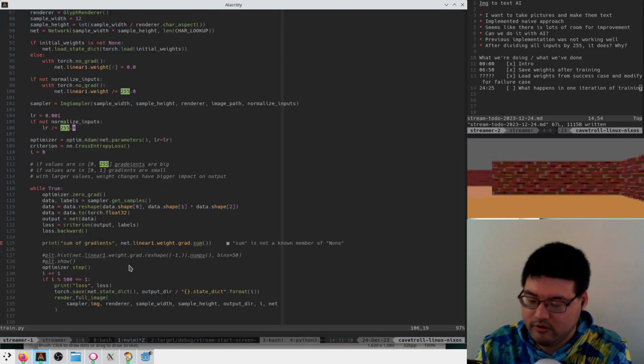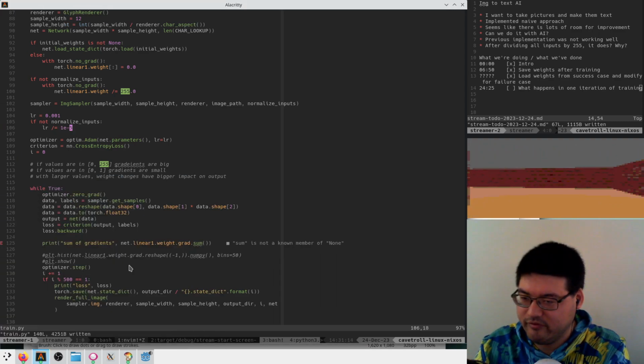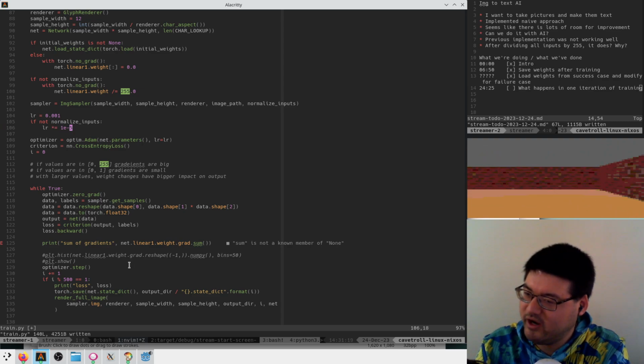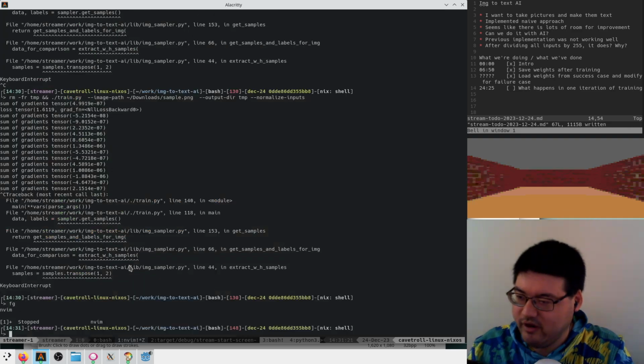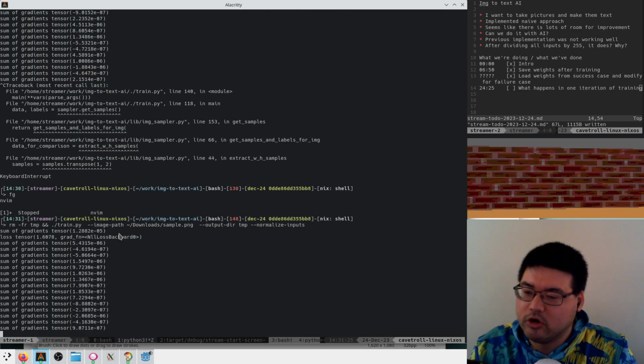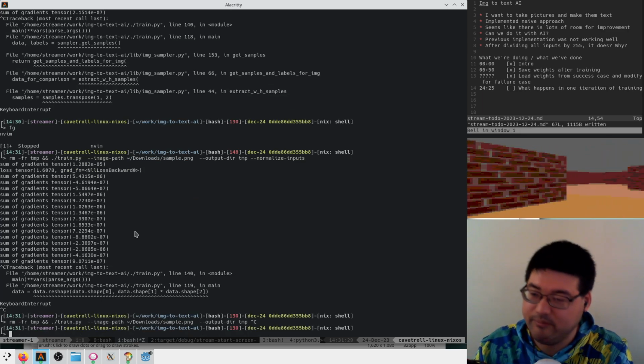We want 1e negative 5, right? 2 zeros to 8, that's 5, 6, 5. Let's try 5. Assuming that the learning rate is a linear thing, which I actually am not sure of at all.